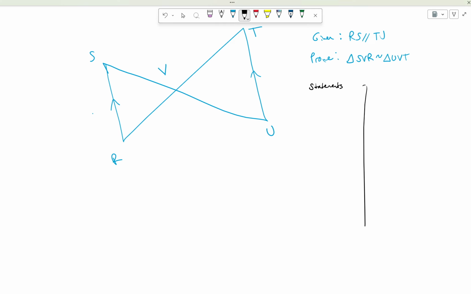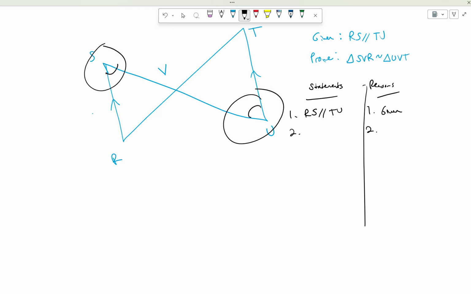So we have our statements, we have our reasons. Okay? One, of course, we're going to restate that RS is parallel to TU, and that's given. Now, since that's the case, we need two sets of angles that are going to be congruent. Now, let's do this one, RSV, and TUV, this guy and this guy, which have to be congruent.